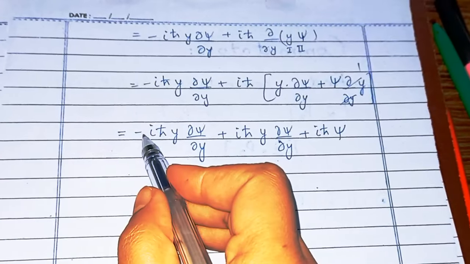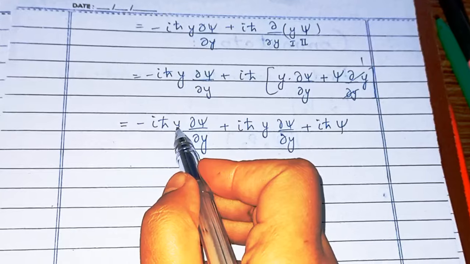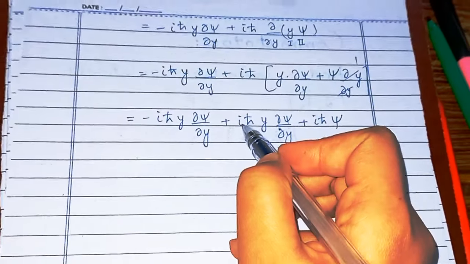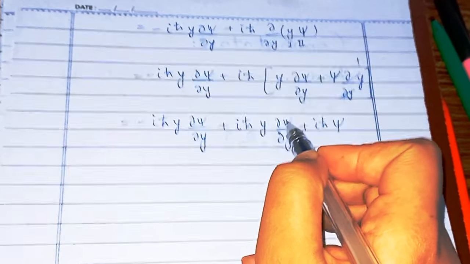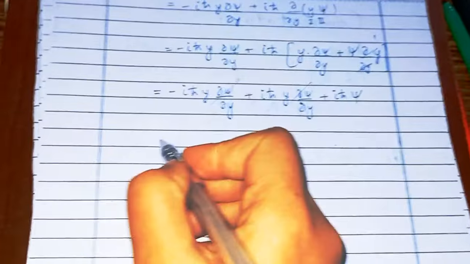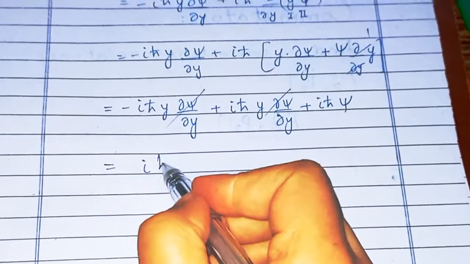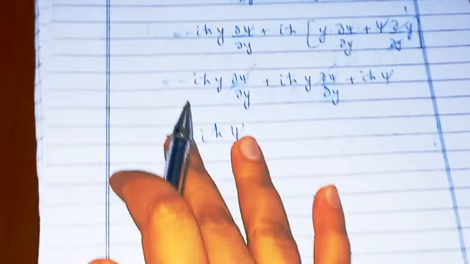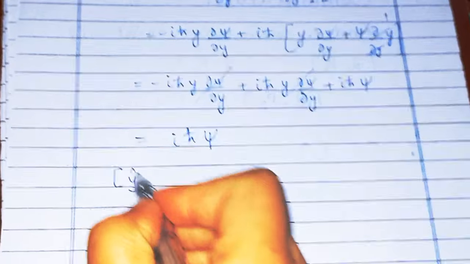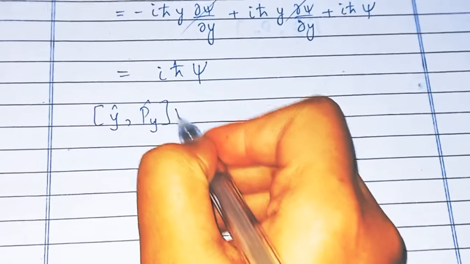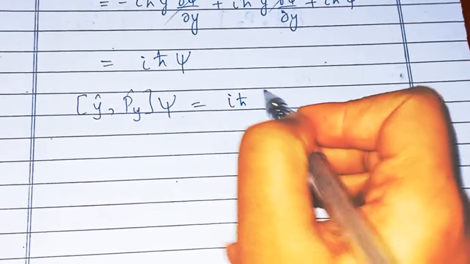Now we can see here that it's minus iota h cut y partial psi by partial y, and it's plus iota h cut y partial psi by partial y. They cancel out to be 0, and we are left with iota h cut psi, and we had y operator, py operator applied on psi, that is equals to iota h cut times psi.